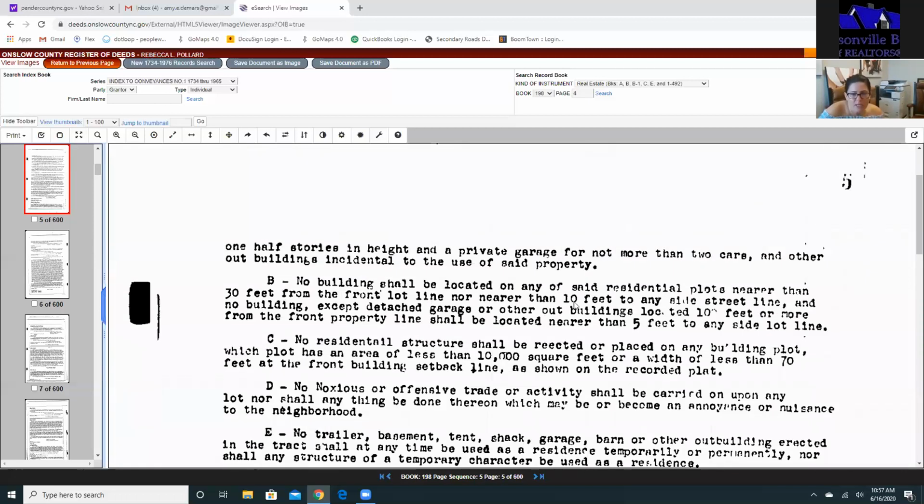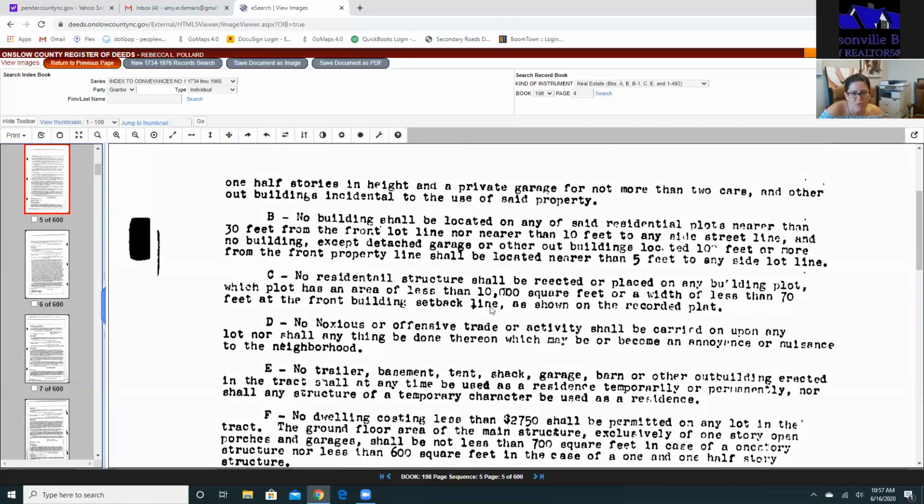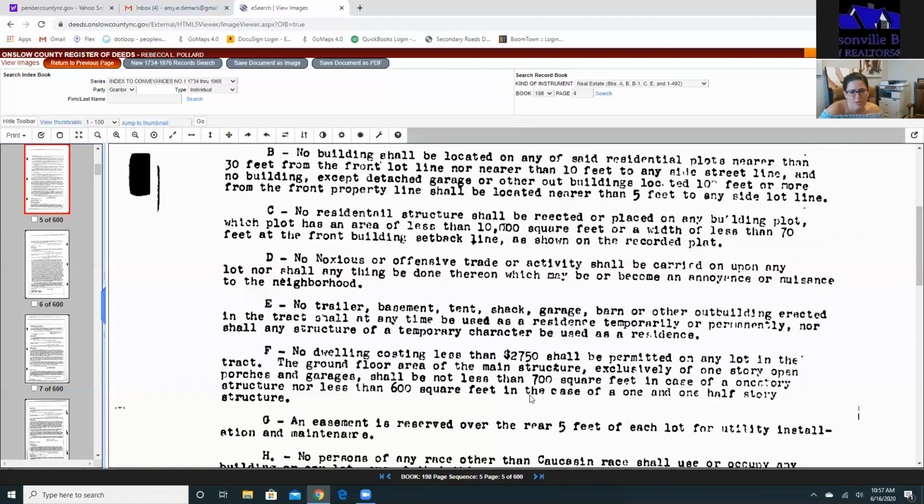Buildings have to be more than 5 feet from the lot side, area of less than 10,000 feet, no noxious stuff, no trailers, basements, tents, shacks, garages, or barns. They have to be bigger than 700 square feet on the first floor. Okay, we got that, no easements.